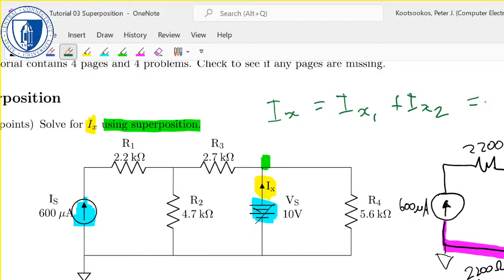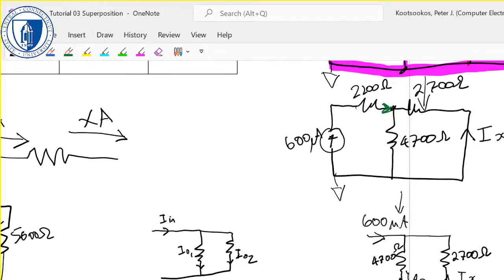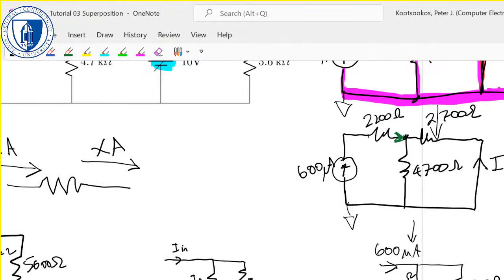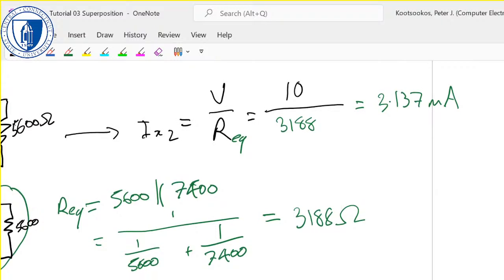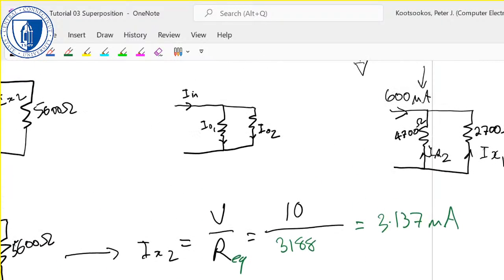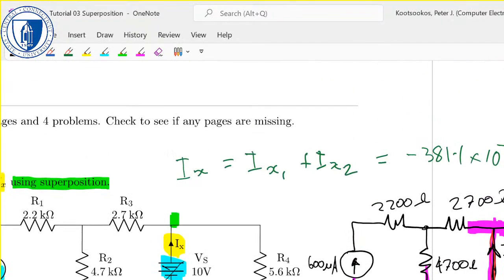Our total is just our minus 381.1 by 10 to the minus 6 plus 3.137 by 10 to the minus 3.